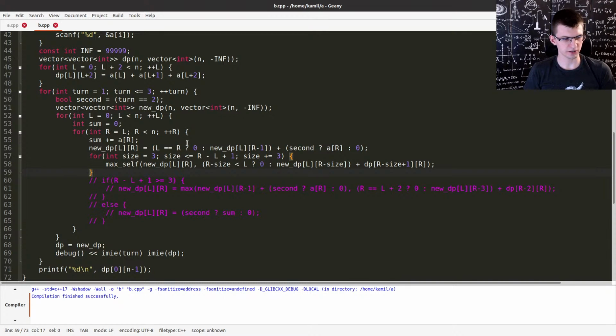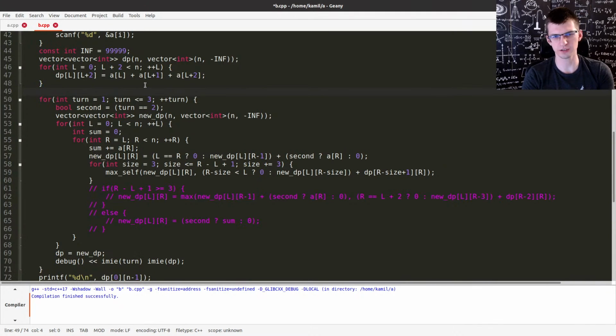Time complexity is n cubic. Don't you fear time limit exceeded? Not really. It's n cubic divided by 6, or maybe even 18. When you iterate over, okay, but multiplied by 3. So the actual number of times this line is run will be n cubic divided by a few, I think divided by 6.